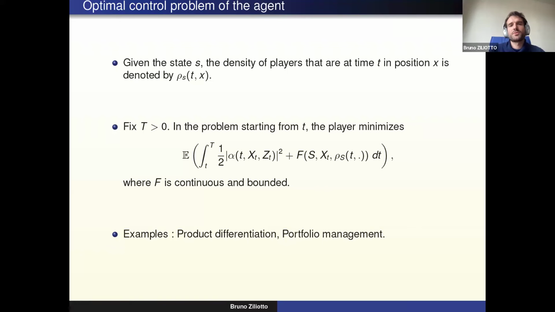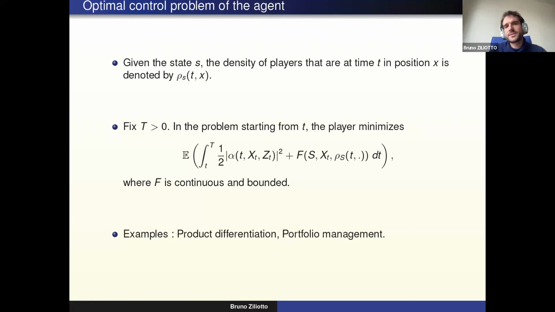So there is a continuum of companies, and they each produce the same type of product, like for instance a cell phone, but there can be different characteristics of the product. So the position of players could be the characteristic of the product, and they can move the characteristic according to research and development.